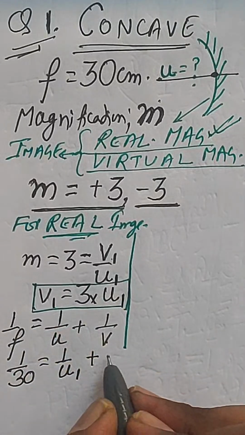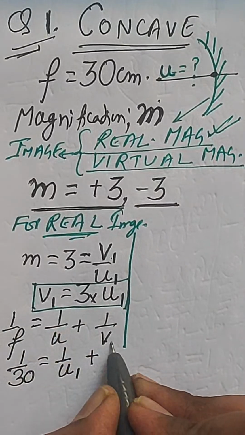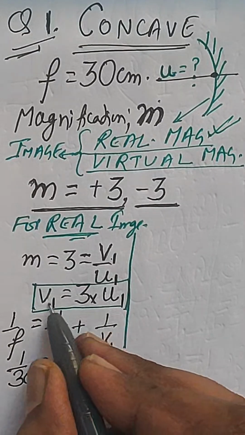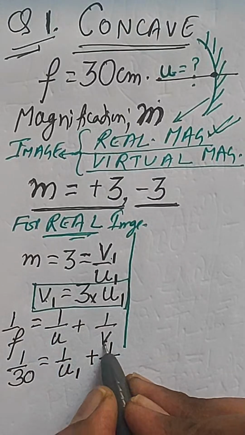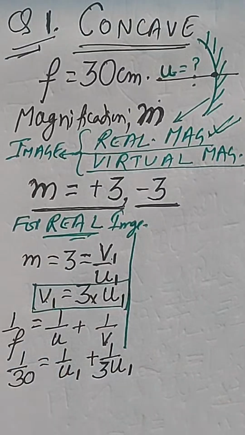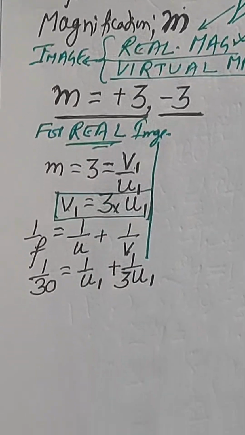When you write v1 as 3u1, in place of v you will write 3u1, 1 by 3u1. Now let us just solve it.